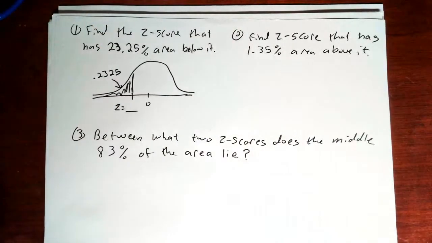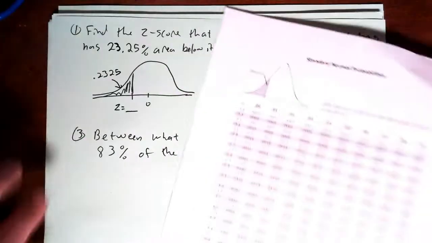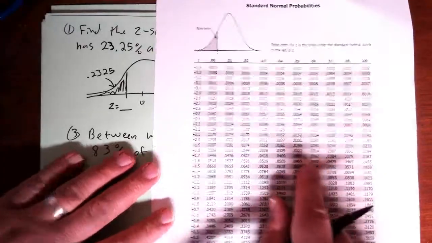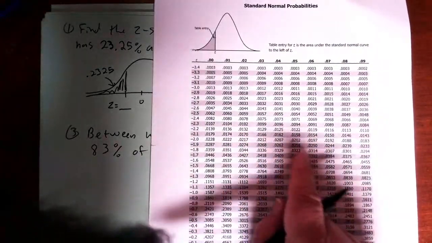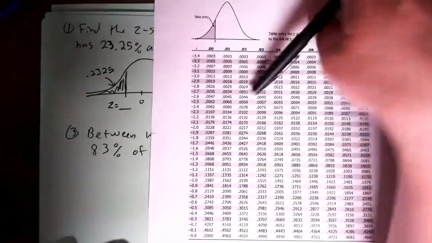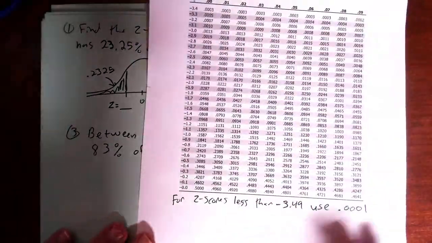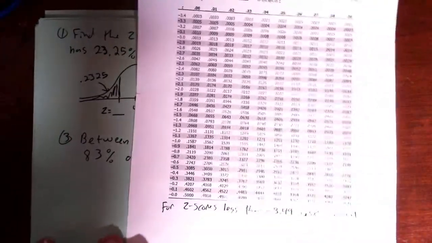I'm going to change it to a 4-digit decimal number. Now what I'm doing is looking for this number in this part of my table, 2325, and I'm going to look for the one that comes closest.